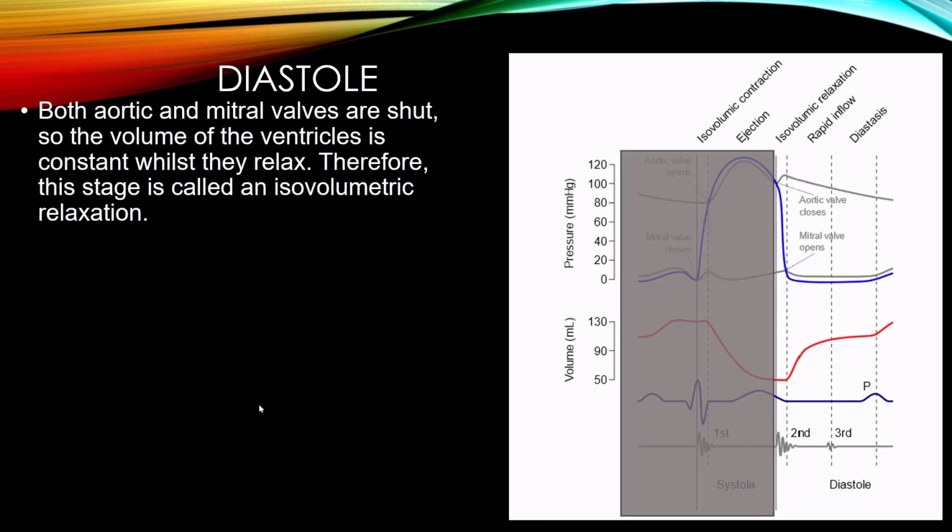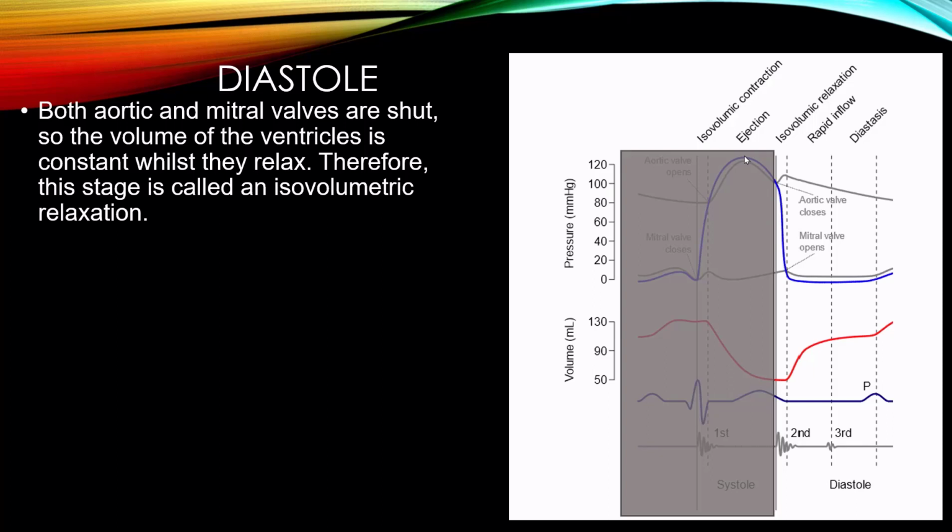Diastole: both aortic and mitral valves are shut, so the volume of the ventricle is constant whilst they relax. Therefore, this stage is called isovolumic relaxation.